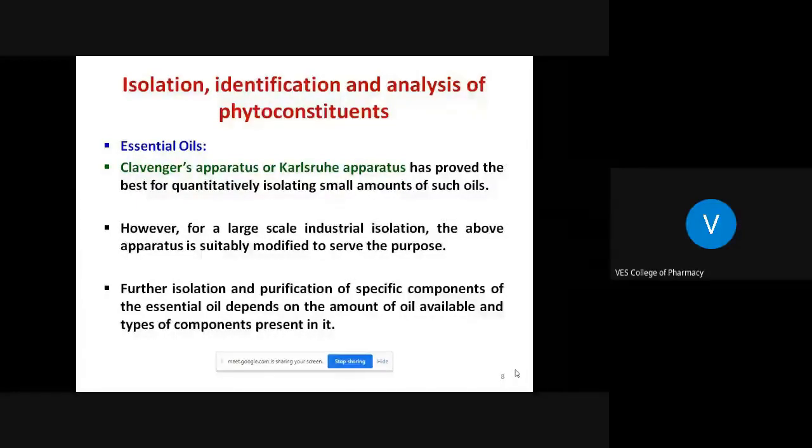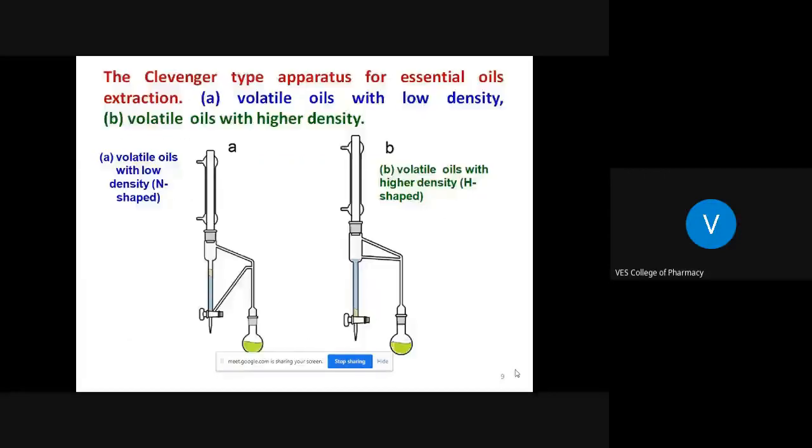So, depending upon which plant material we are selecting, and what is the percentage of the specific volatile constituent or phytoconstituent, the method of isolation and purification can be selected for specific components.